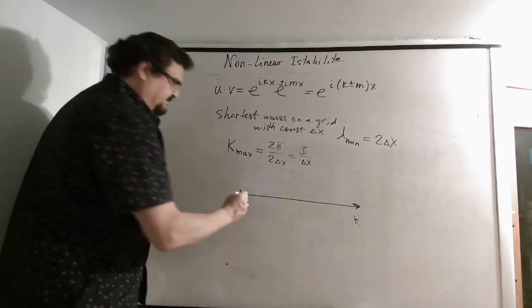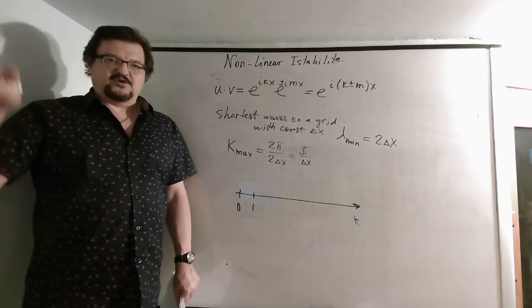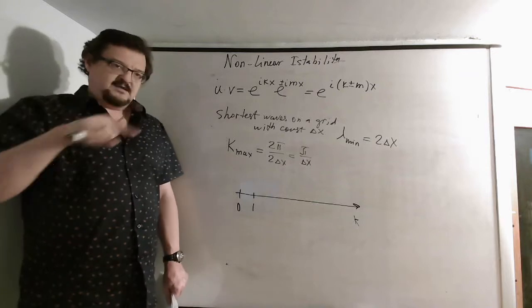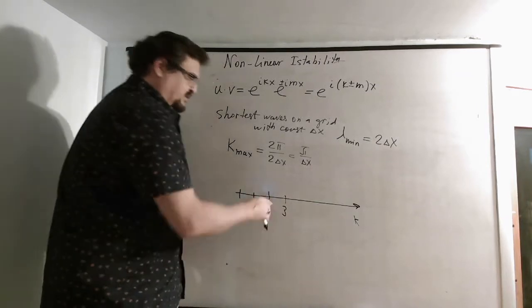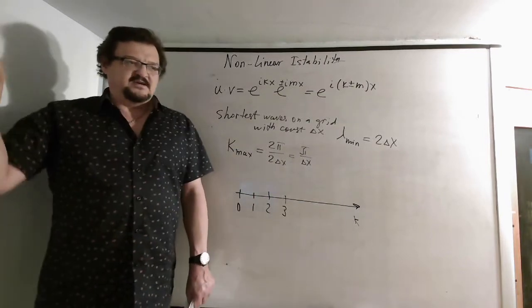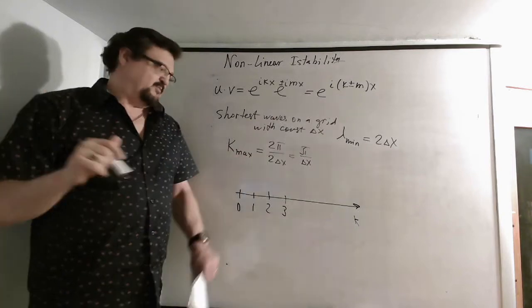It's not even a wave. 1 means harmonic number 1, it's one sine wave through the whole domain, right? And 2 and 3 and so on. 3 means 3 full sines over the width of your domain, and so on.